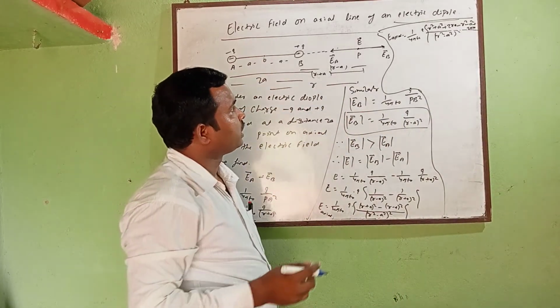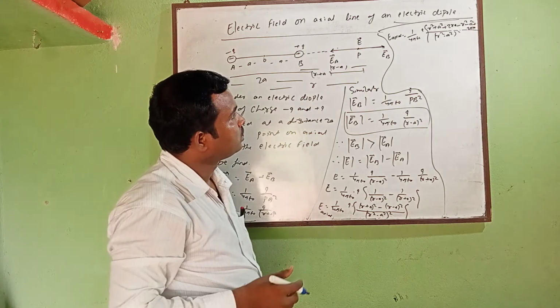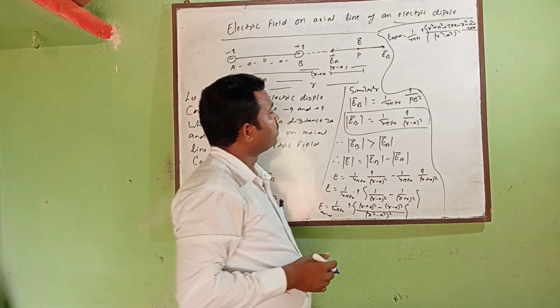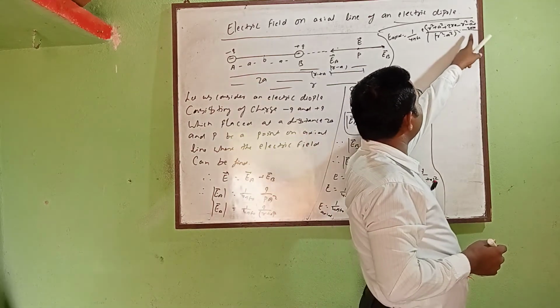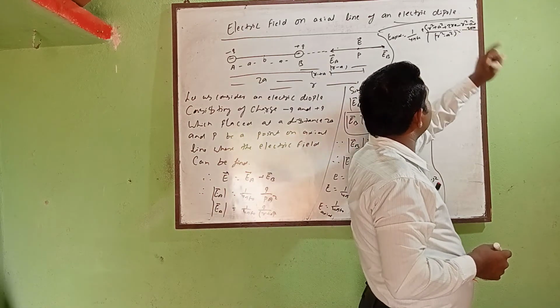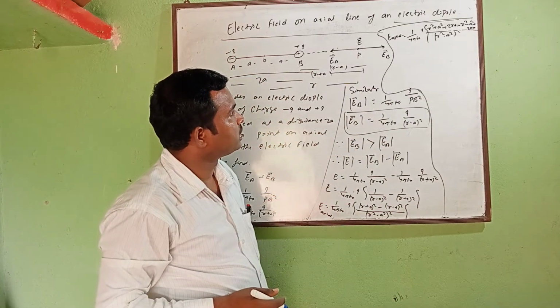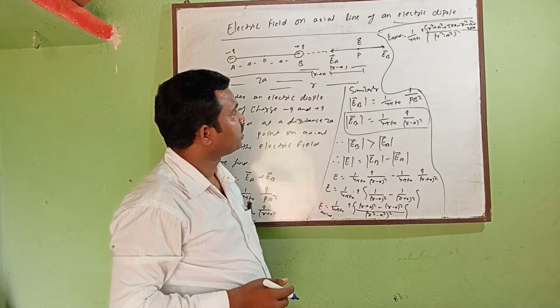Now you can cancel out some terms. Which one will cancel out? Here will be R square plus A square, minus and minus. I think that plus and minus will cancel out, no? Which term will cancel out?